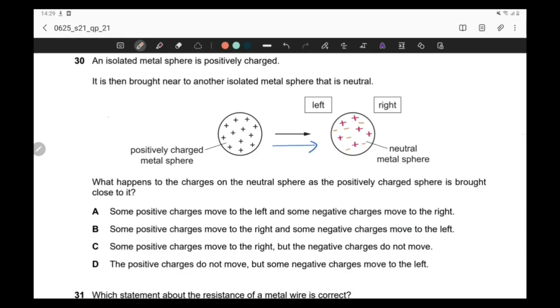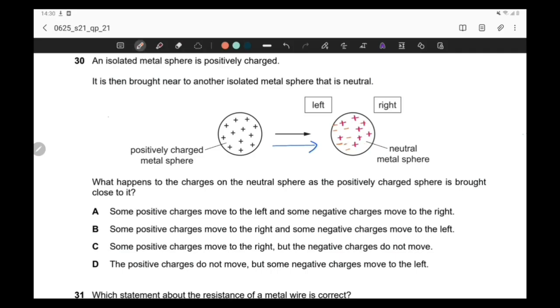But when this positively charged sphere comes close to this neutral metal sphere, all the electrons in the neutral metal sphere will come close to the positive charge because electrons can move freely.